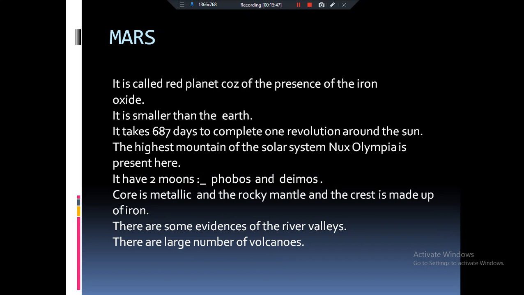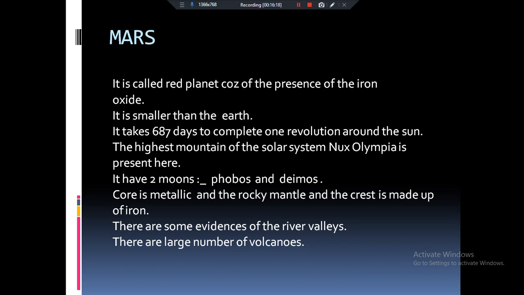And also there are some rivers. Many evidences of rivers have been found here, showing that rivers used to exist here. Many volcanic vents have also been found here, where volcanism keeps happening. And also the highest mountain of the universe is present on Mars, which is known as Nix Olympia.